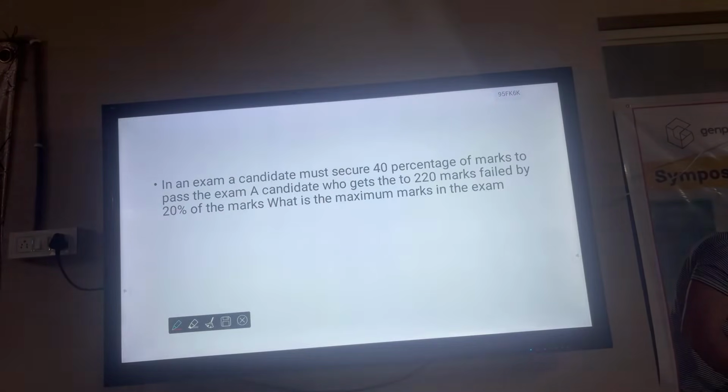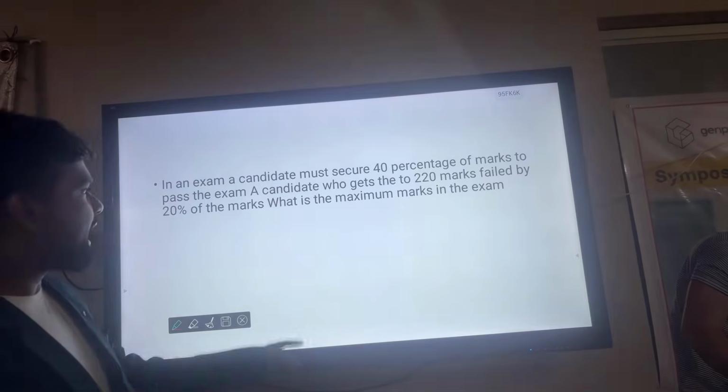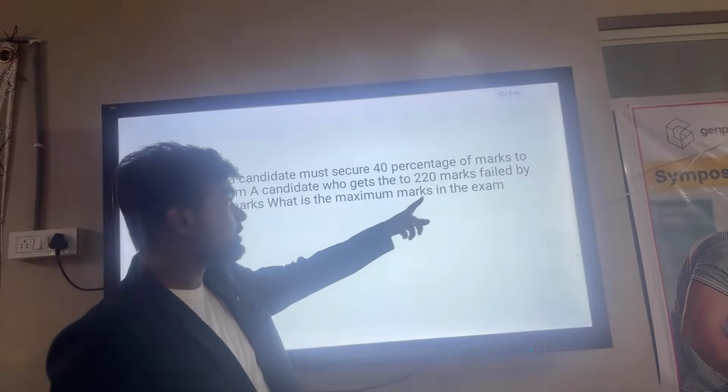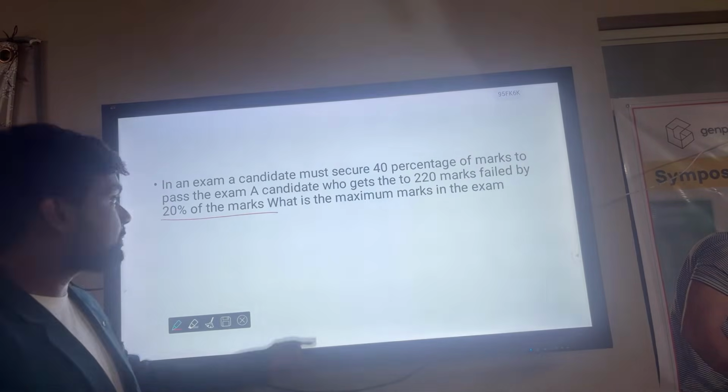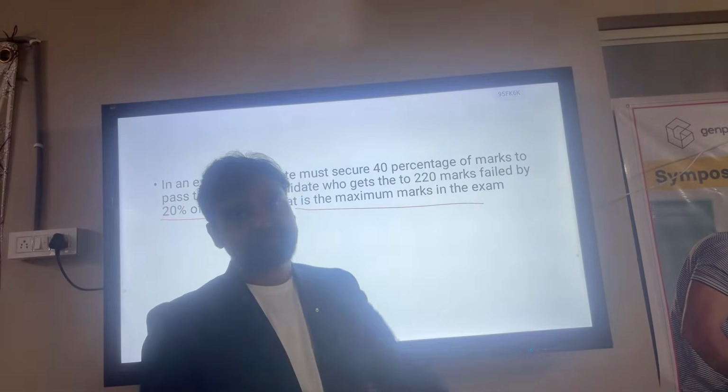In an exam, a candidate must secure 40% of the marks to pass in the exam. A candidate who gets 220 marks and fails by 20% of the marks, what is the maximum marks in the exam?